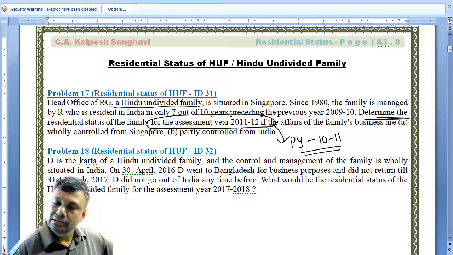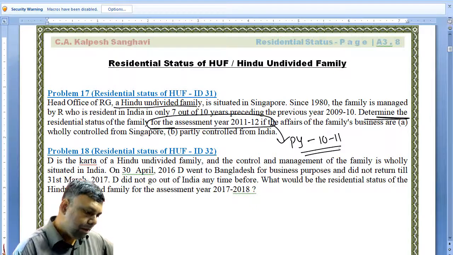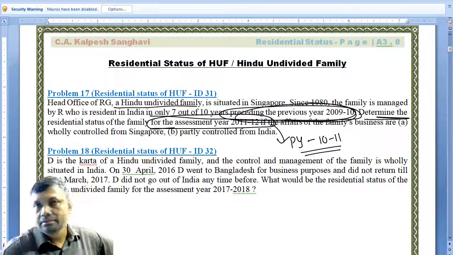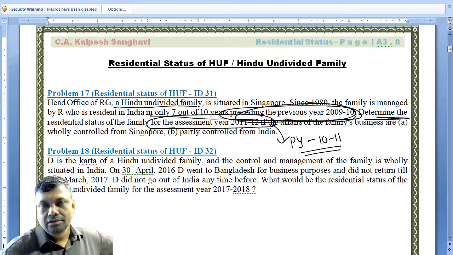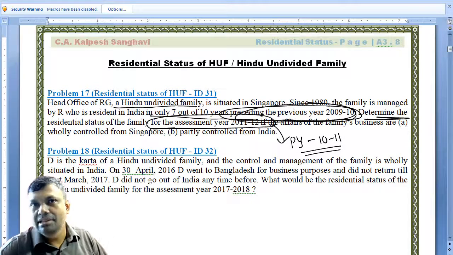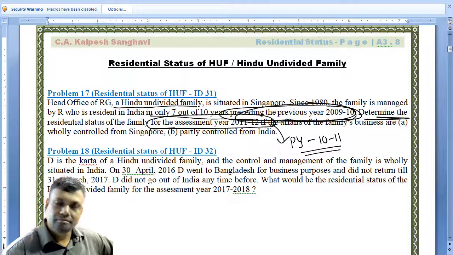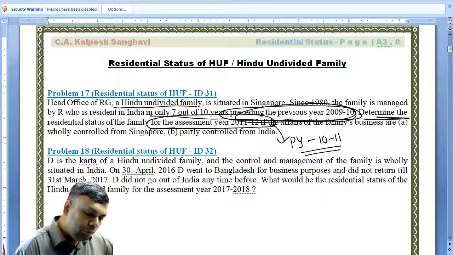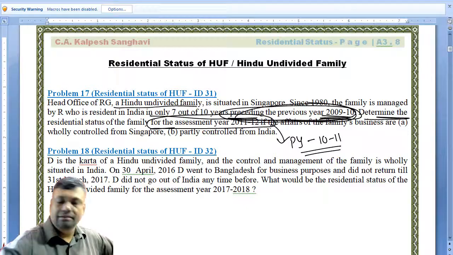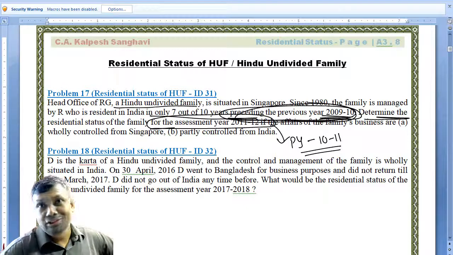But if you see the second sentence of the question, the family is managed by R, who is a resident in India only 7 out of 10 years preceding the previous year 9-10. Even if the test is to be given as 7 out of 10 years, it should be given with respect to the previous year in the question, right? So it has told preceding the previous year 9-10. That's a trick. I mean, this could be a confusion.